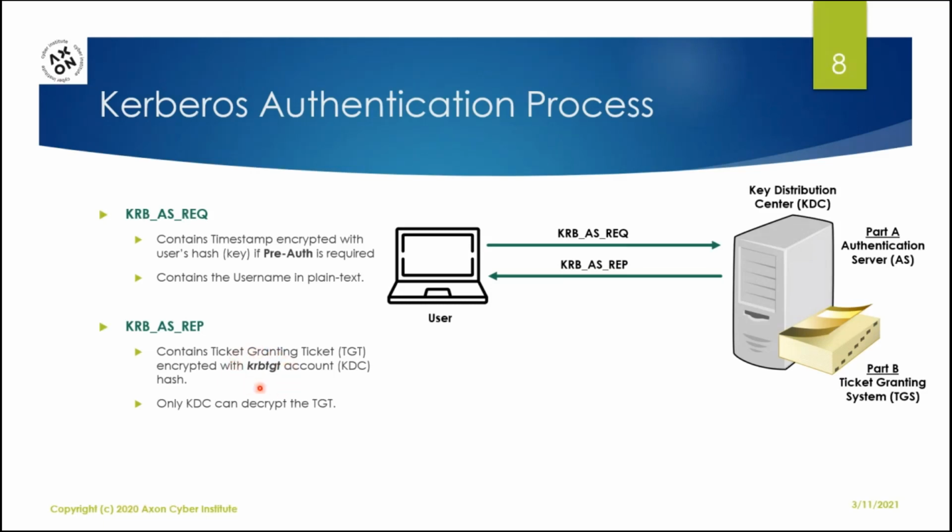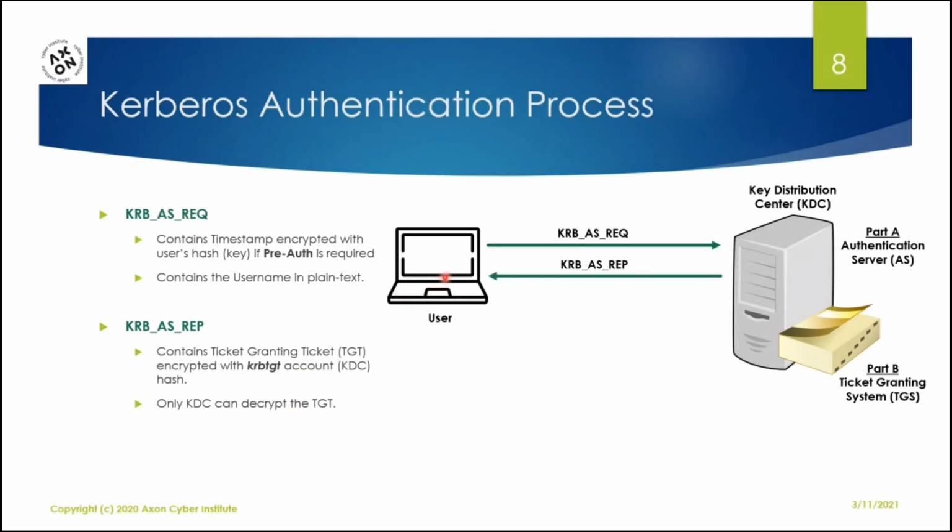It comes built in with any Active Directory, just like the guest account and administrator account, and it is the account that is responsible for running the KDC. So the TGT, the ticket granting ticket embedded in the reply here, is encrypted with the krbtgt account hash, and only the KDC can decrypt and check it. So even though it is given to the user, the user cannot do anything with it.